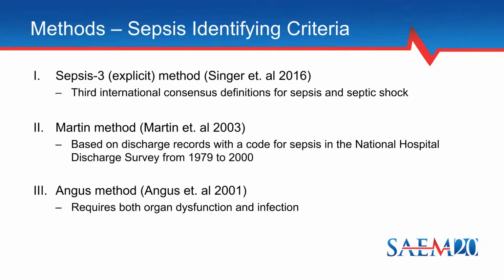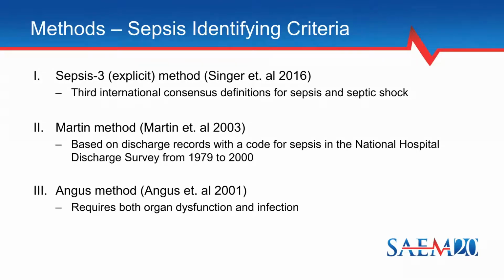We used three different methods to identify sepsis. The first one is the Sepsis-3 method, developed by Singer et al. in 2016. It is also the third international consensus definitions for sepsis and septic shock. The second method is the Martin method by Martin et al. in 2003.